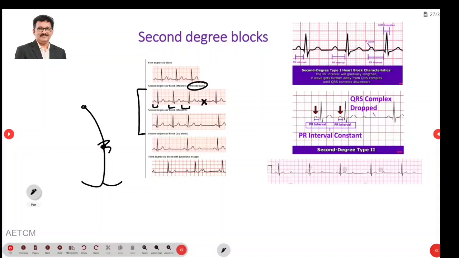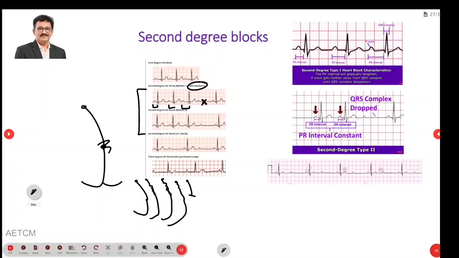The first conduction is normal, the second conduction is slightly delayed because of fatigue of the conduction system, the third is still delayed, the fourth has a lot of prolongation, the fifth stops here and will not be conducted. So you don't get a QRS complex. This is called Wenckebach's phenomenon.